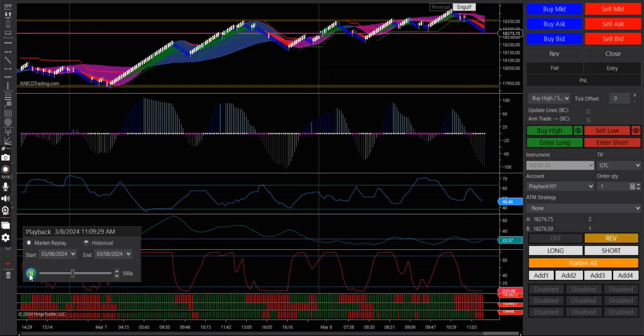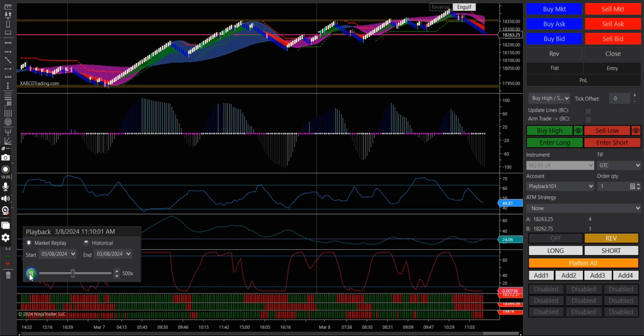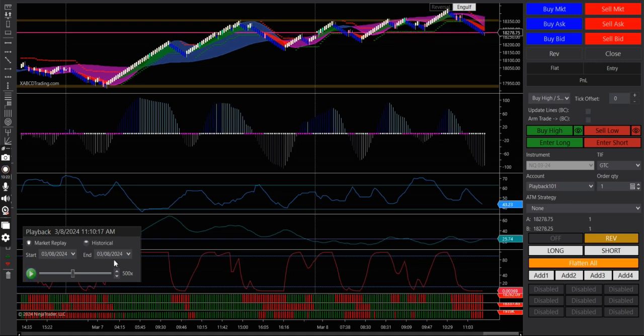So let me just play it some more. So here at this point, you see here that it is flat. And you would probably tell me, well, I could have entered early and still gotten profit. Yes, but I'm following my strict rules.